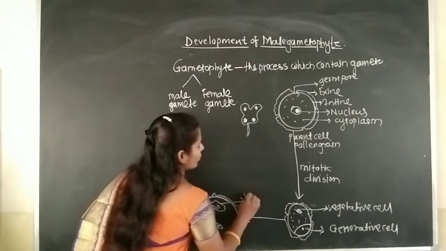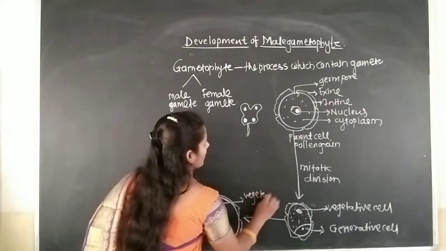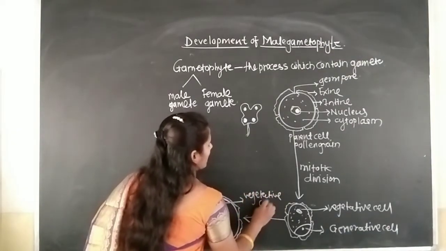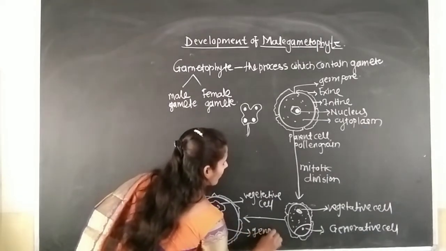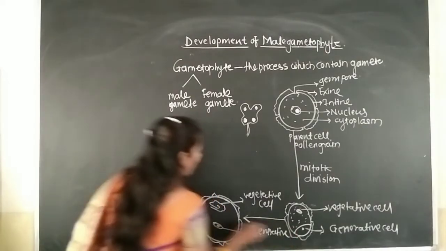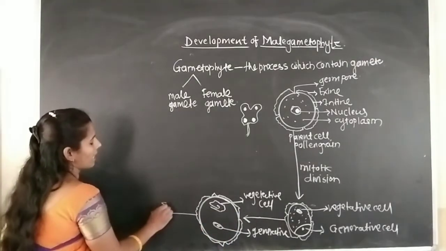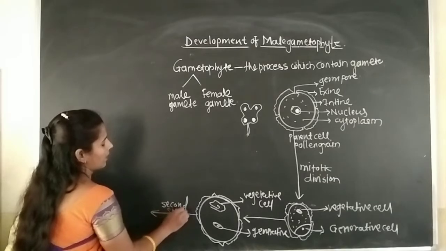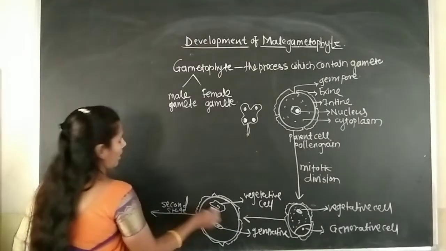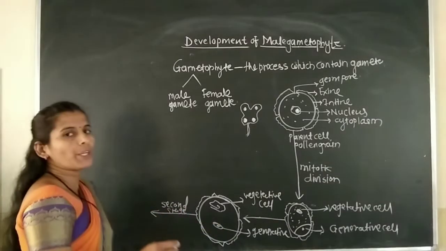This is the vegetative cell, and this is the generative cell. Then the second stage will start. That is the formation of the pollen tube.